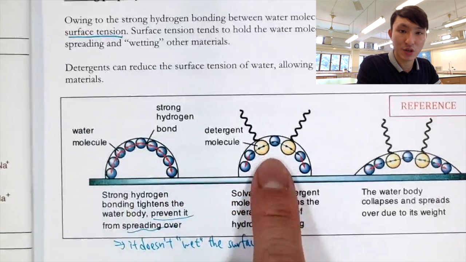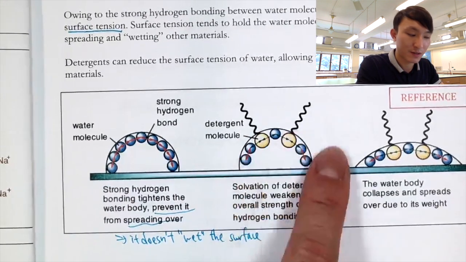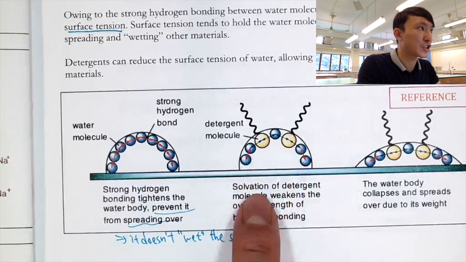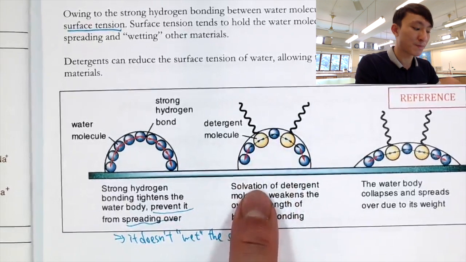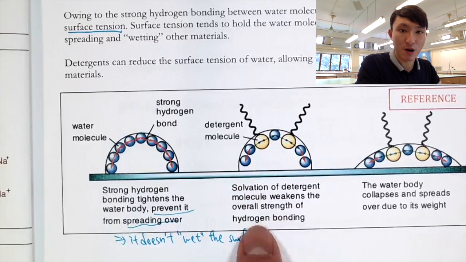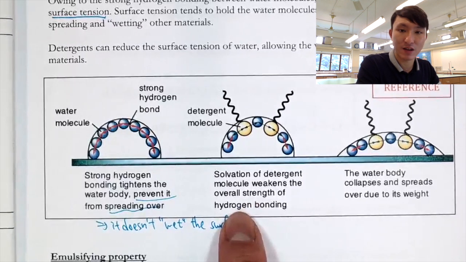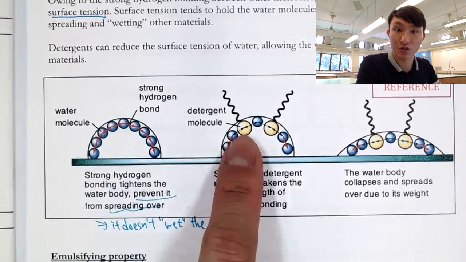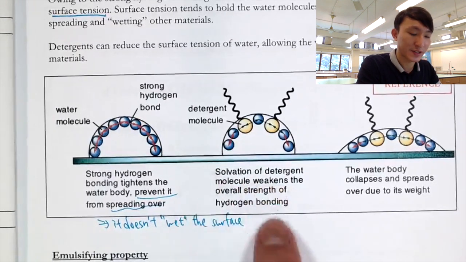But now with the introduction of detergent molecules, it weakens the force holding the surface molecules together. We call this solvation. Solvation means that with the detergent molecule being surrounded by water molecules, it weakens the overall strength of the hydrogen bonds. Basically, water cannot form hydrogen bonds with the detergent molecule, so the overall strength is weakened.